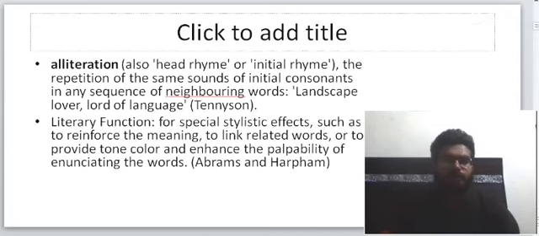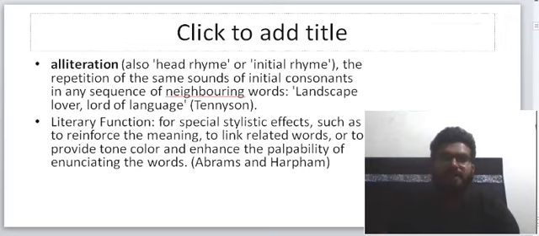So, first of all, let's look at a literary term, that is alliteration. Alliteration. It is also called head rhyme or initial rhyme. Now, alliteration is the repetition of the same sounds of initial consonants in any sequence of neighboring words.